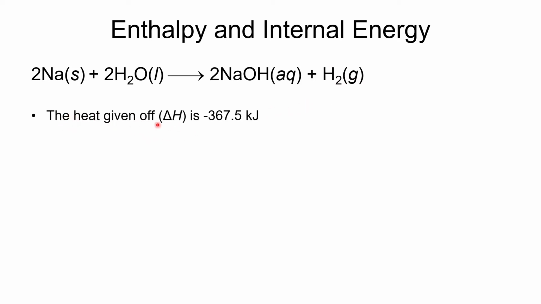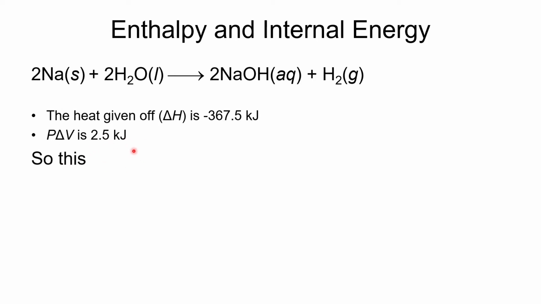The enthalpy, or the heat that is given off, and because it's at constant pressure, that will be equal to delta H. The heat that is given off is negative 367.5 kilojoules, so it is an exothermic reaction. The change in the pressure volume, so P delta V, is equal to 2.5 kilojoules.